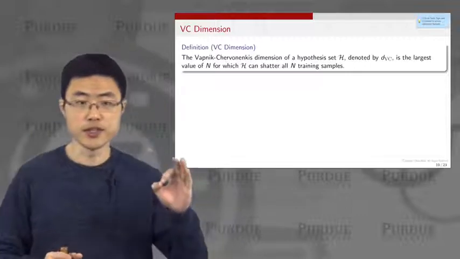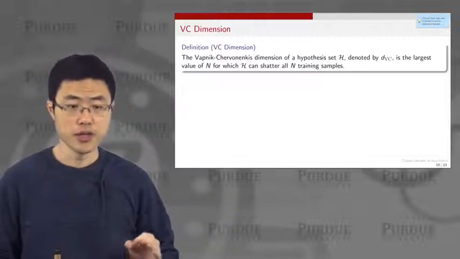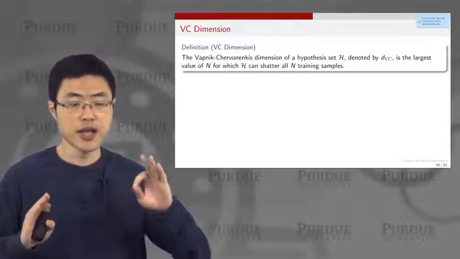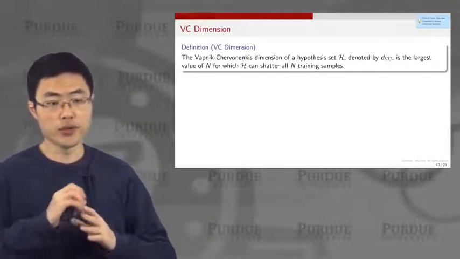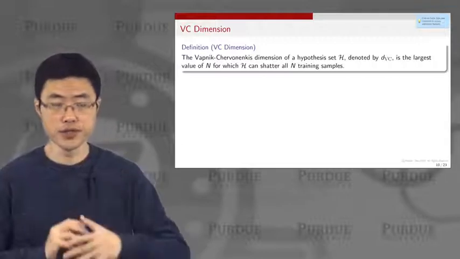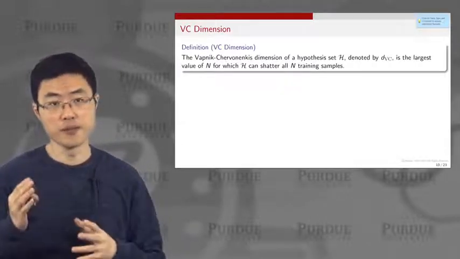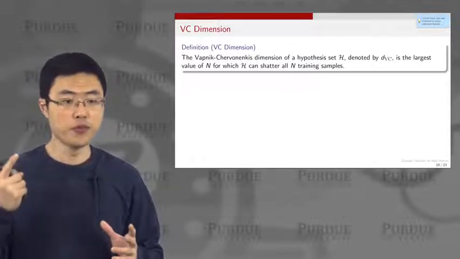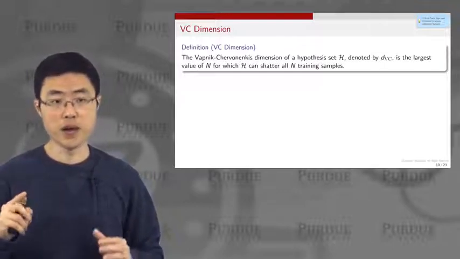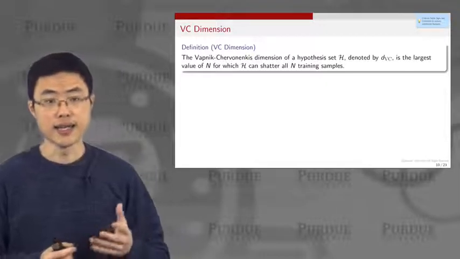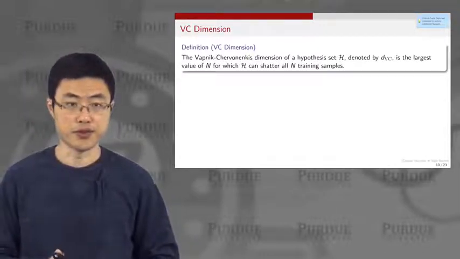So let's take a moment to understand the meaning of VC dimension. It says that you give me n training data points, I look at all the possible configurations, and then I calculate the growth number. And suppose this growth function can reach 2 to the power n, then that n will be the VC dimension.